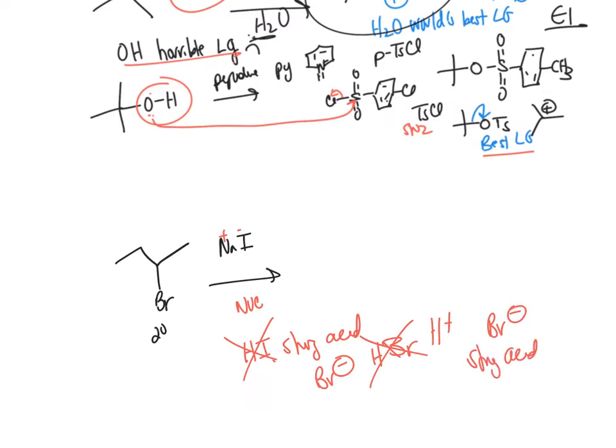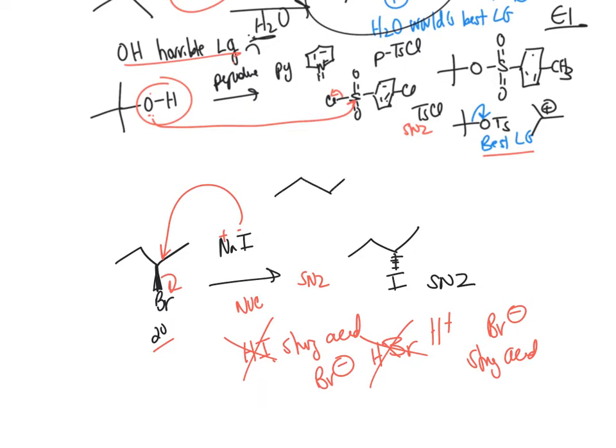So anytime you get an ion like sodium iodide, then you can say, okay, secondary, that can do an SN2. And if this was coming at you, then this would be coming back, and that mechanism would be SN2. So those kinds of things you should be able to see.